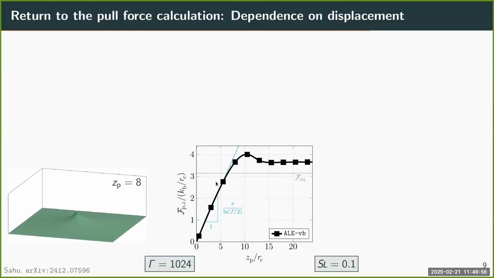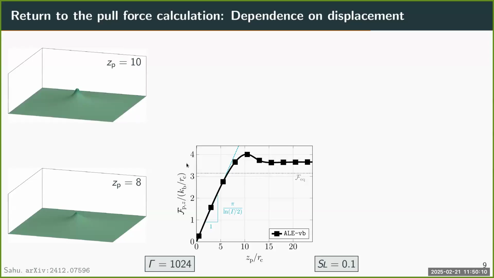Because at early times, we have small deformations, and so we see these characteristic tent-like structures. And indeed, the force agrees well with the linear prediction, which is shown in this cyan line. But eventually, we arrive at a displacement that's so large that the membrane begins to undergo a transition from a tent-like shape to a tube-like shape.